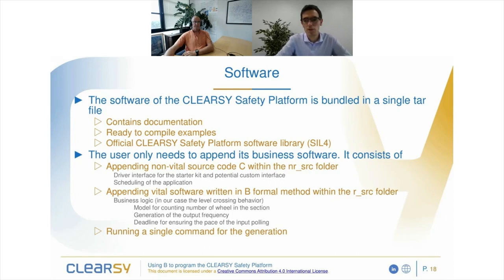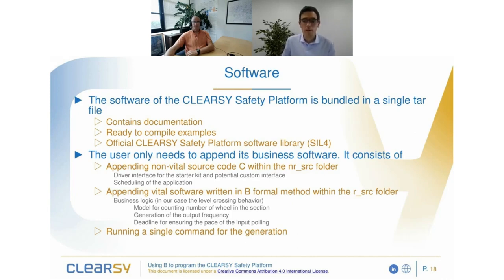The safety critical software will be written in B formal method and will be located in the r_src folder. And you will find the model for counting the number of wheels in the section, how to generate the frequency for the safety critical outputs hardware, and the deadline mechanism for ensuring that the inputs are polled at the correct pace.